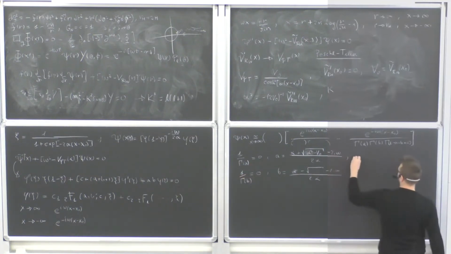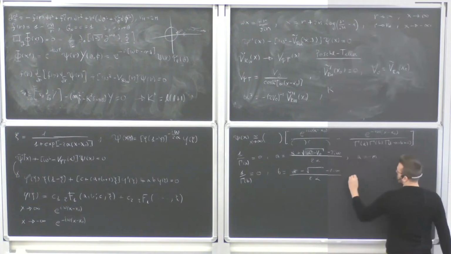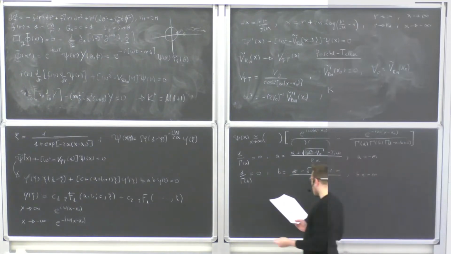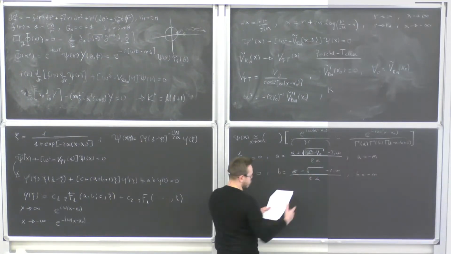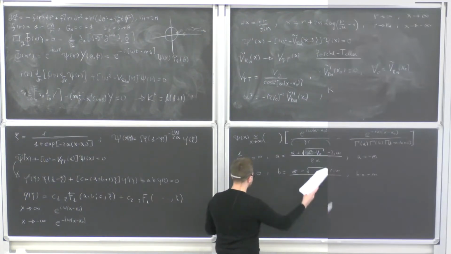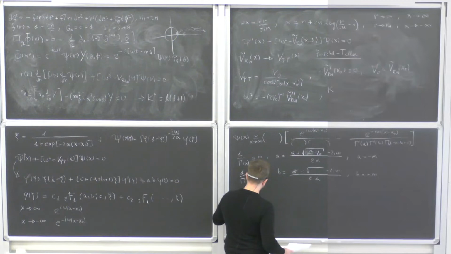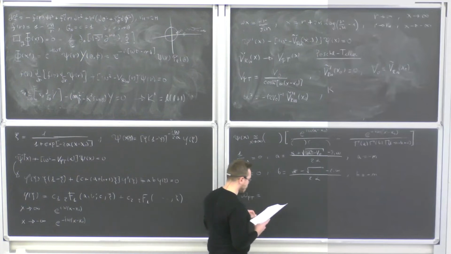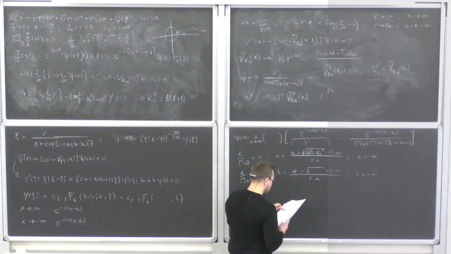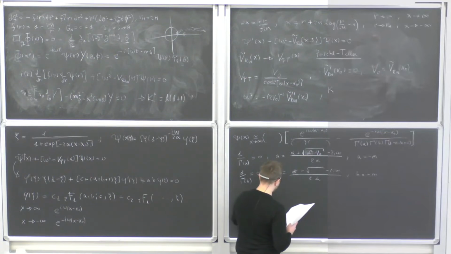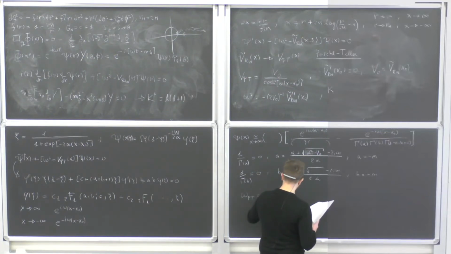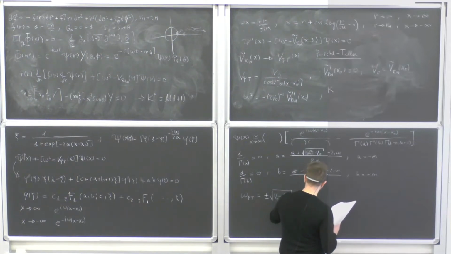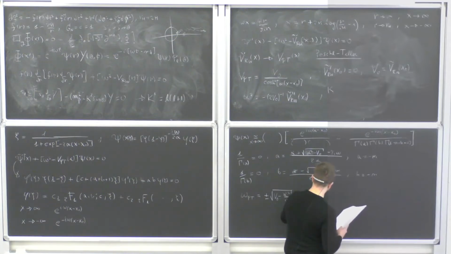Okay, so if you impose these relations, here you have to ask that A is a negative integer, or here you have to ask that B is a negative integer, and you get a quantization rule for the frequency, which we call omega, obtained by replacing the potential with the Poschl-Teller potential, which is basically plus or minus the square root of V0 minus alpha squared over 4, minus i alpha (n plus 1/2).